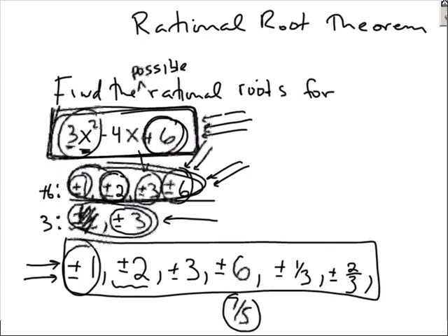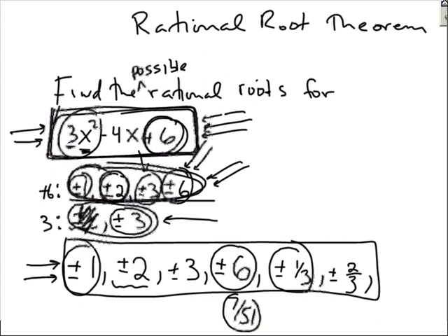Okay? Now, plus 6, maybe. Minus 6, maybe. Plus or minus 1/3, maybe. But if it's not on that list, for example, 7 over 51 is not on that list, no way will 7 over 51 make that 0.